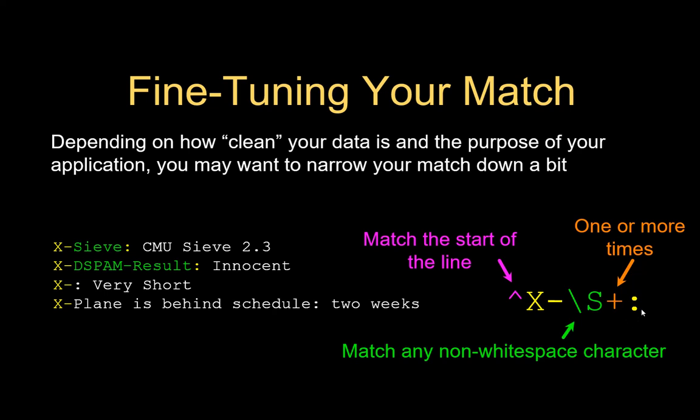So again, star and plus are another way to fine-tune our matches when we use regular expressions. In this case, we're going to have everything that starts with capital X dash, then anything that is not a white space or blank, and a colon.